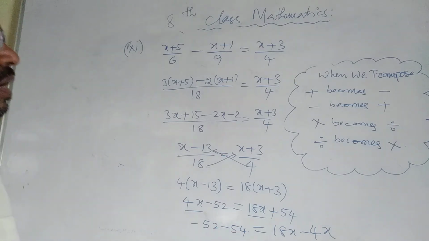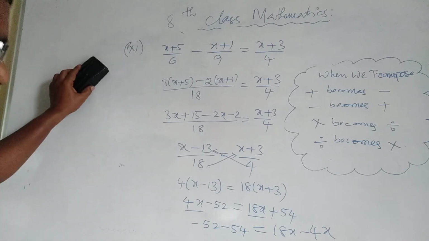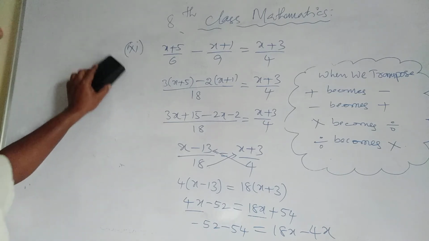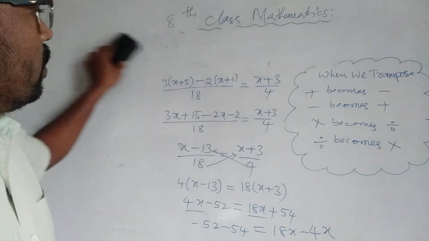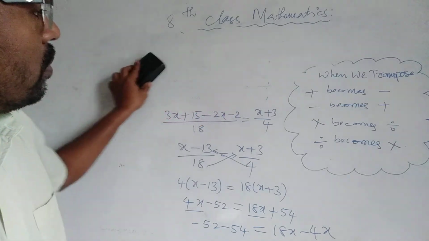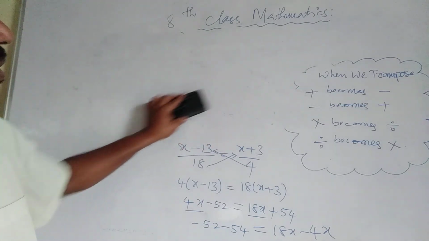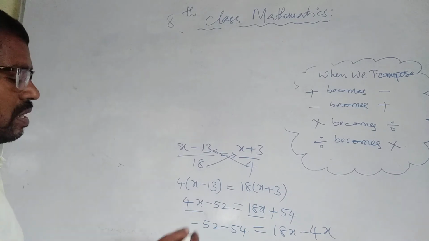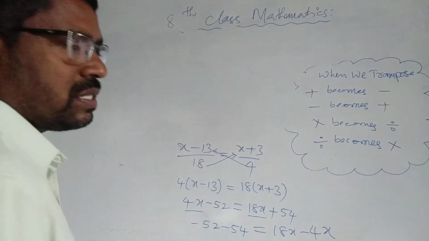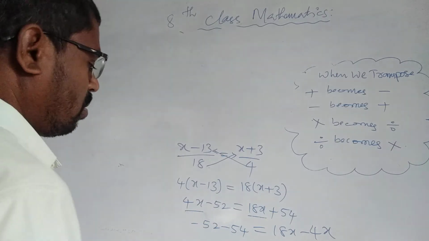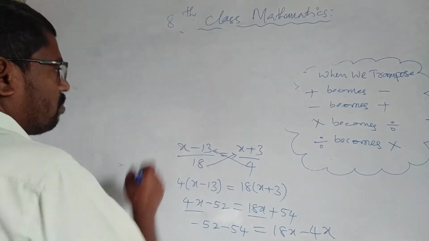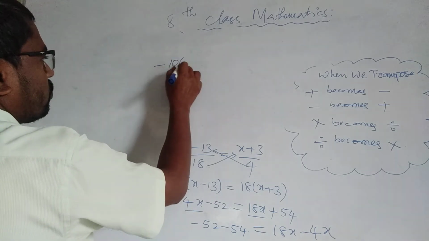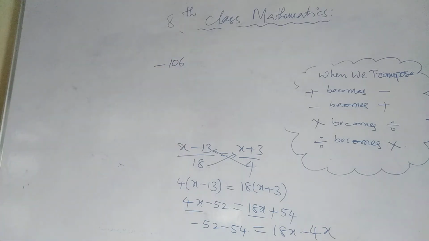Okay, now what are you getting? This you can copy and find. I want to simplify this. Now the easy part is just changing. Minus 52 minus 54, both are the same symbols, we can add. How much are we getting? This is 106. 52 plus 54 is 106.